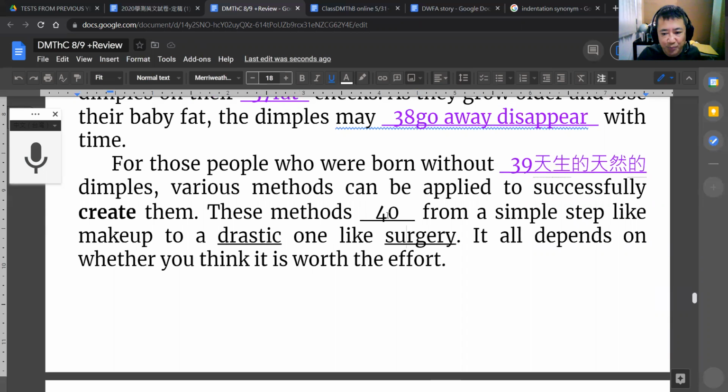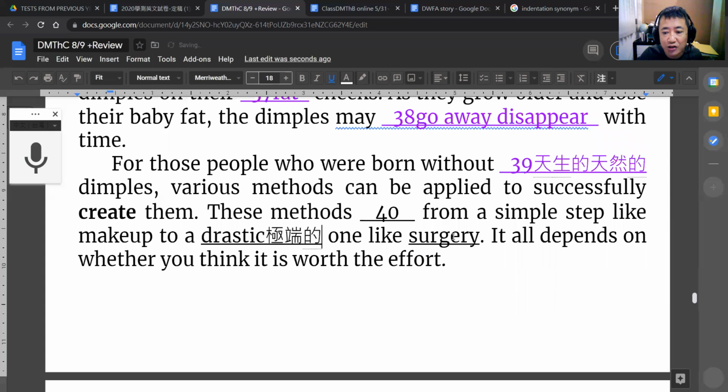These methods blank from a simple step like makeup, right? So it blank from very simple steps like putting on the makeup, 化妆, to drastic ones, to very 极端的 like surgery, 手术.